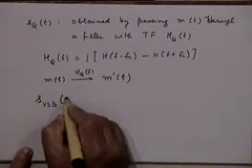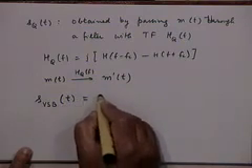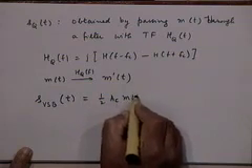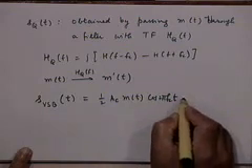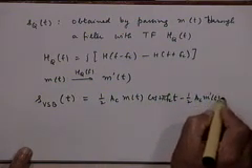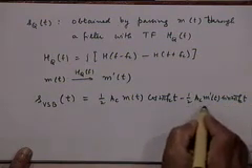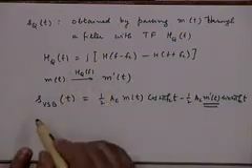I didn't realize while I made this change. So your VSB signal can be thought of as half of AC times MT times cosine 2 pi FCT minus half of AC M prime T sine 2 pi FCT, where M prime T is obtained like this.